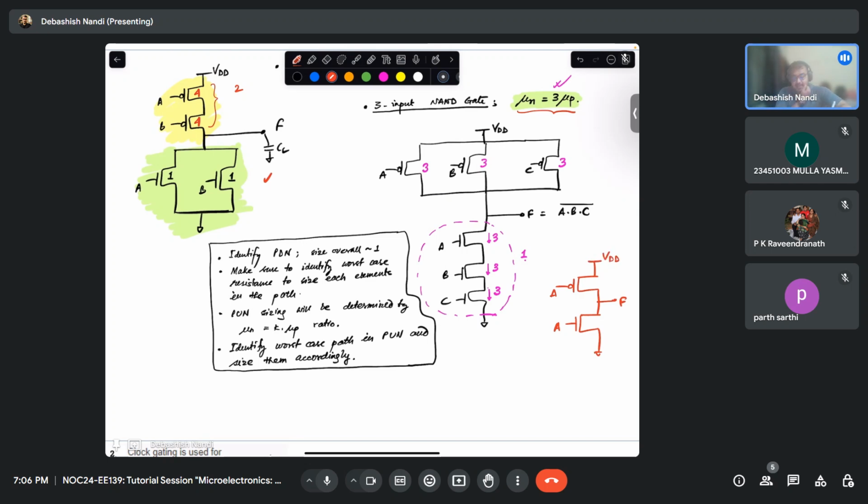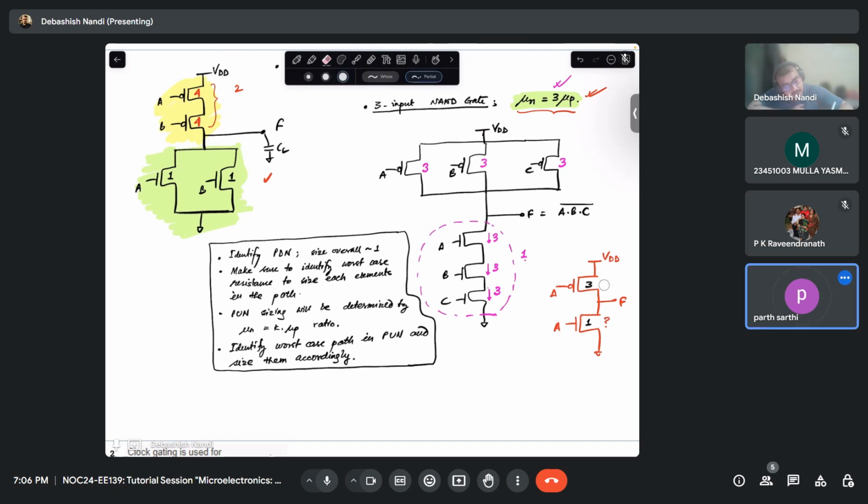So what should be the sizing here and what should be the sizing here with this? Anyone? 1 and 3. So it will be 1 and it will be 3, right?